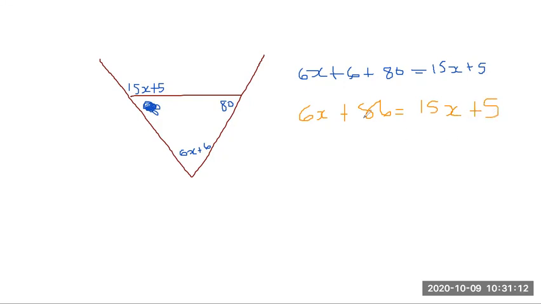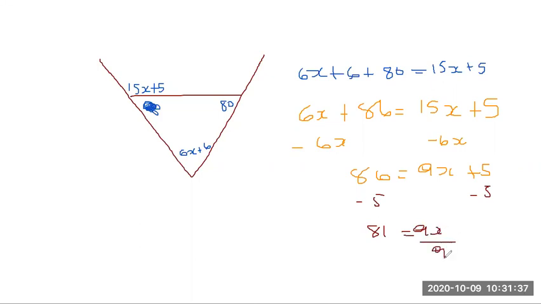Now I'm going to put my x on the other side, because why not? So I'm left with 86 equals 9x plus 5. And then I'm going to subtract 5 on both sides, which leaves me with 81 equals 9x.